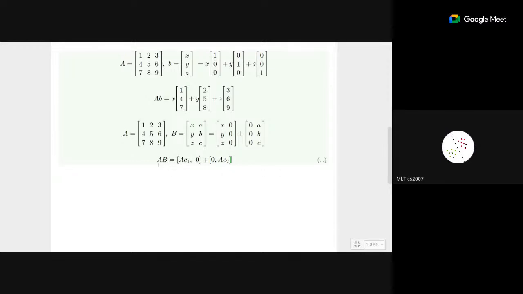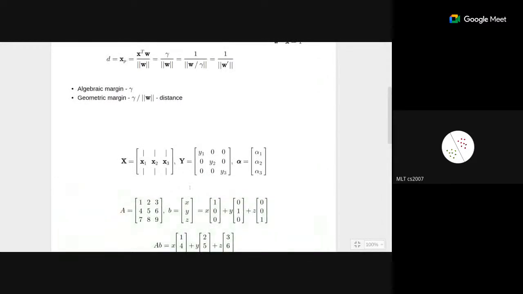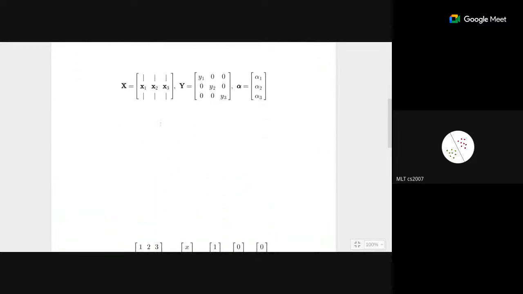Now if you understood this far, then you can understand X Y alpha in two steps. You first do X into Y. So X into Y is X into the first column of Y, which I'm calling C1, X into the second column of Y, X into the third column of Y. Now, what is X into C1?